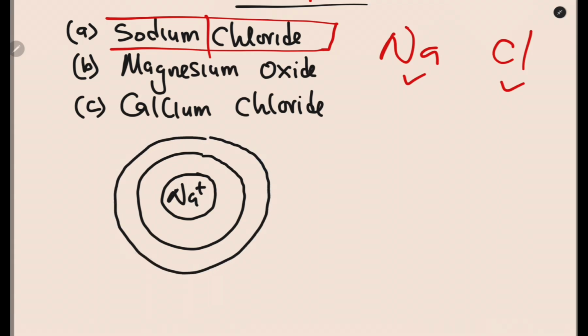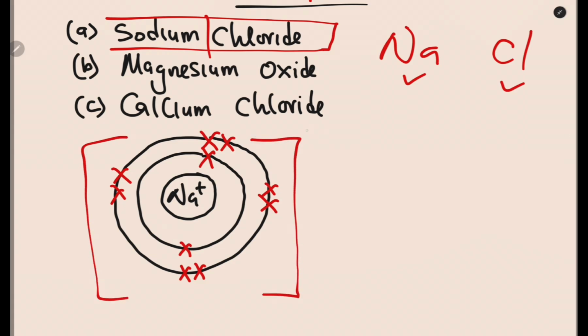Remember where we are coming from. Let me put the outermost electrons, 8. I'm just drawing the final ion, not how it was formed. So this is what we learned, that this is the sodium ion.